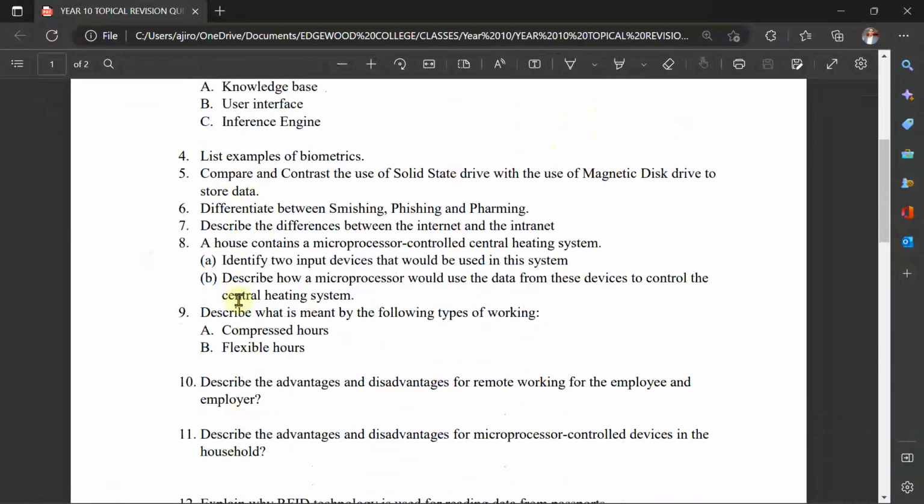Smishing is short for SMS phishing, and SMS means short messaging service. It uses the SMS system of mobile phones to send out fake text messages. Another point is that it contains a URL or a telephone number embedded in the text message.